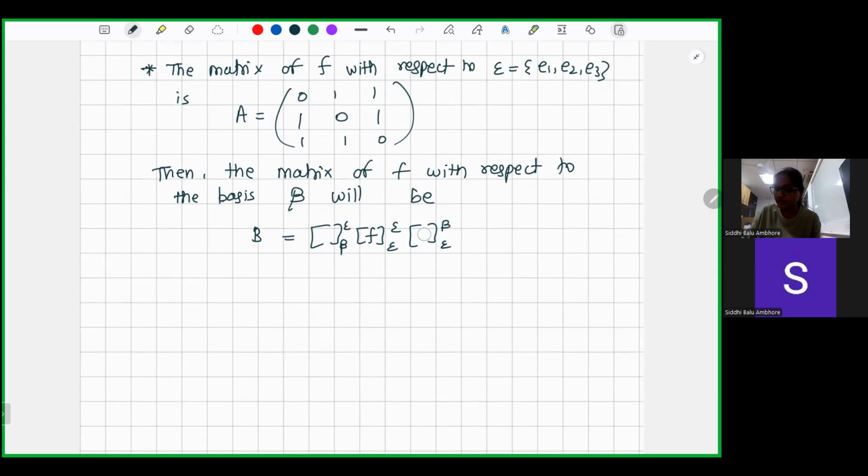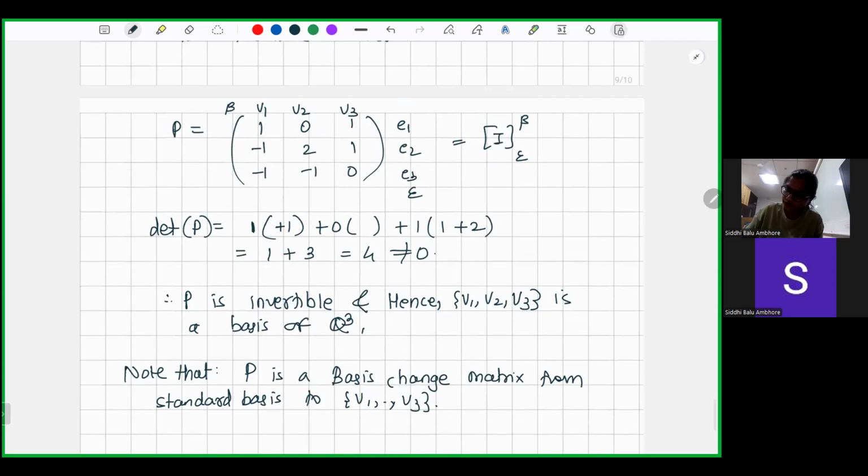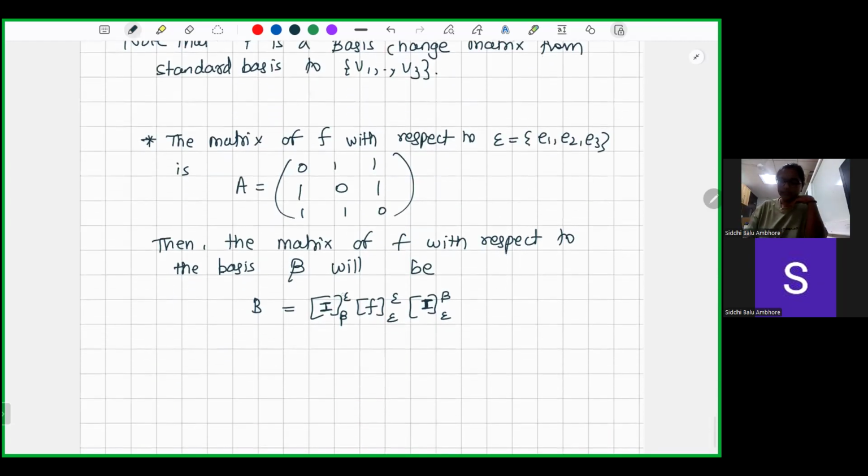Yesterday we saw that the inverse of the epsilon-to-beta matrix is exactly the beta-to-epsilon matrix.